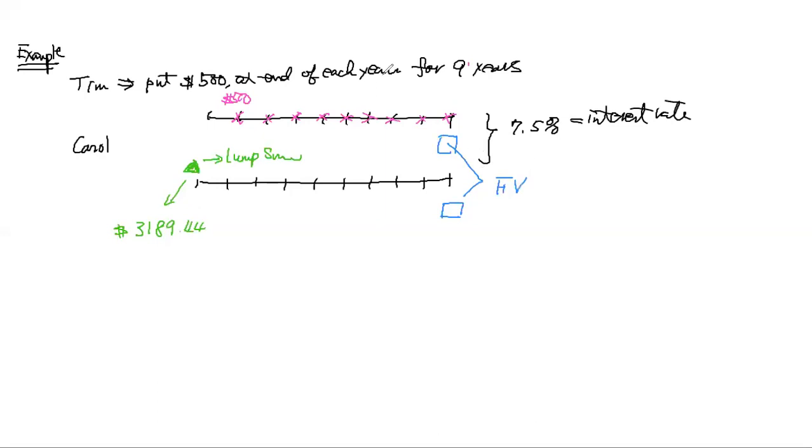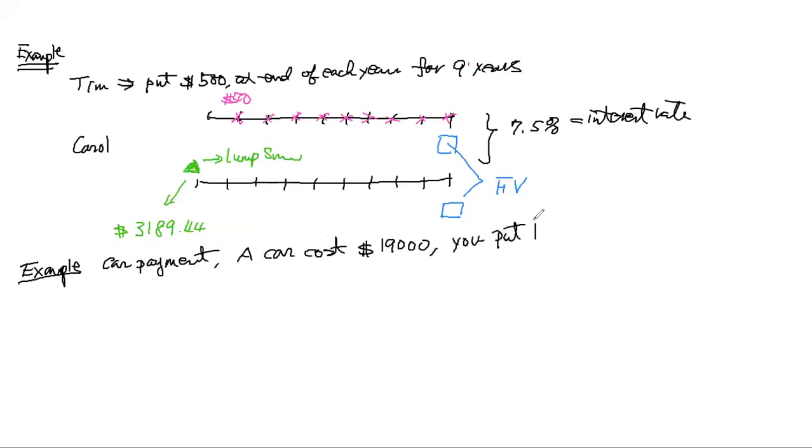Okay, so now let's do another example. Let's see how we do that. In this example we're going to take a look at how we do the car payment. This car costs about 19,000, and you put down 2,000 as the down payment.